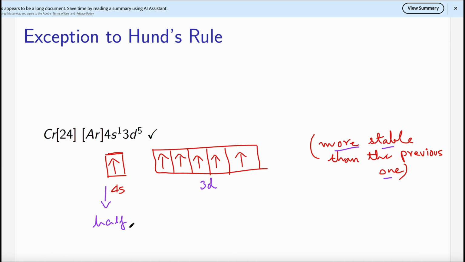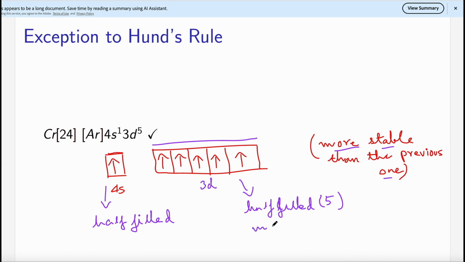The 3d subshell is also half filled, because it contains 5 electrons.